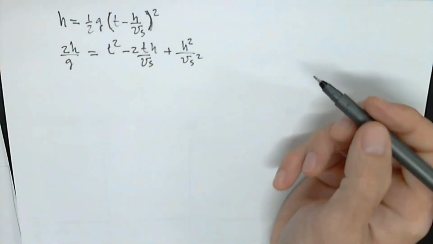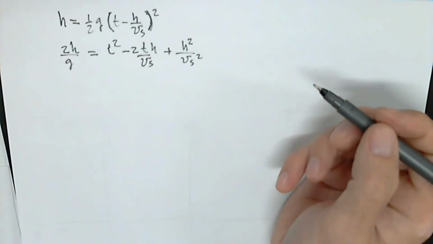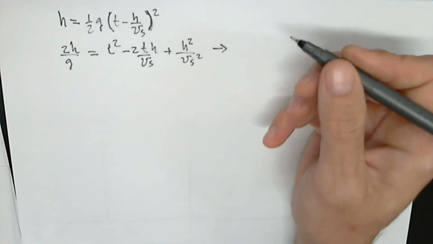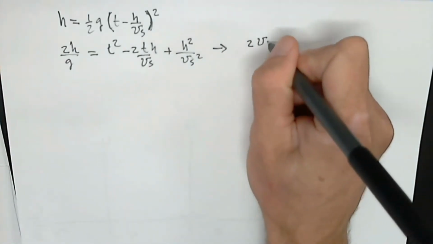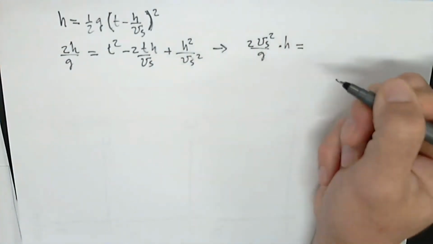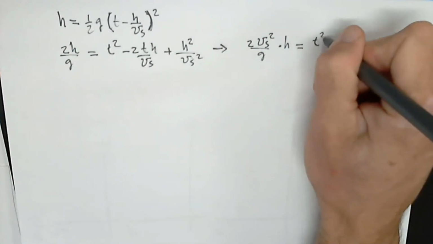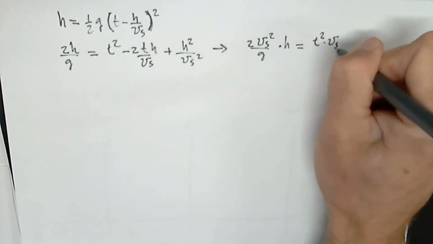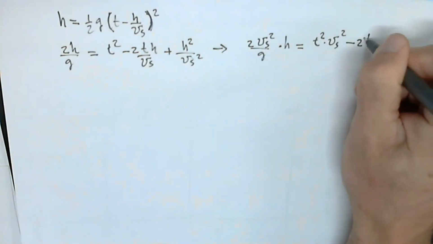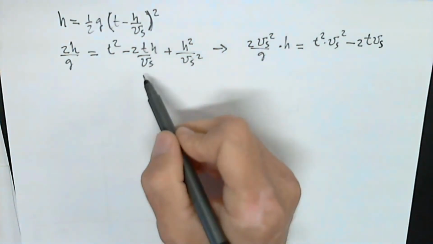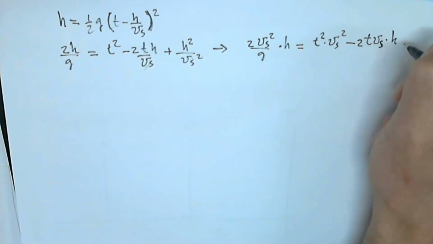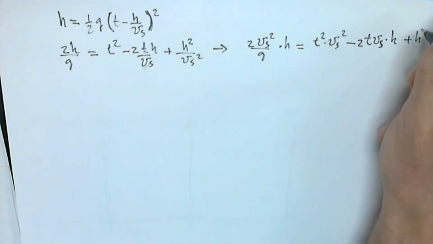I will multiply now by bs, so I get 2 bs squared over g times h, t squared times bs squared minus 2t bs, because the other one cancels here, times h plus h squared.